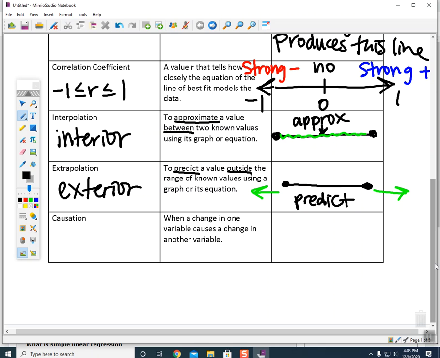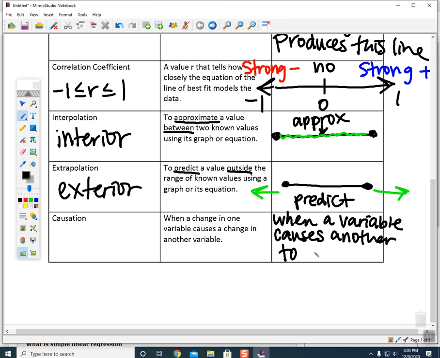That's just when a variable causes another to change.